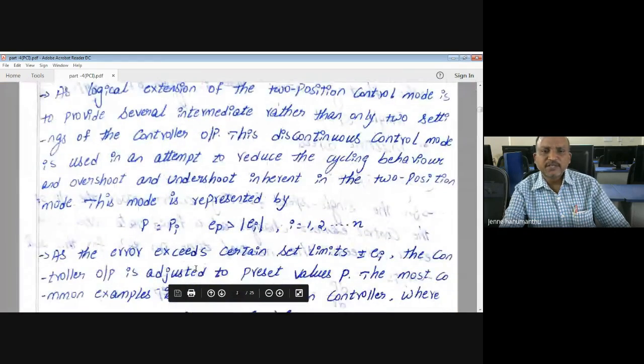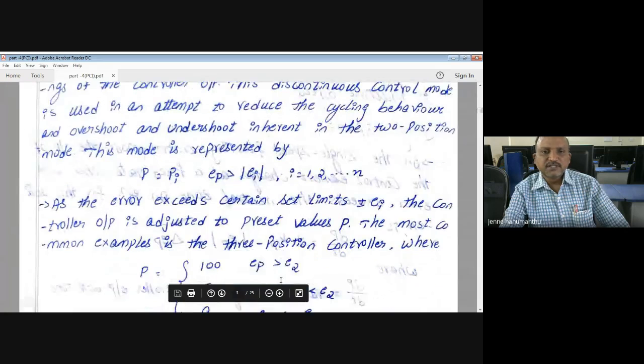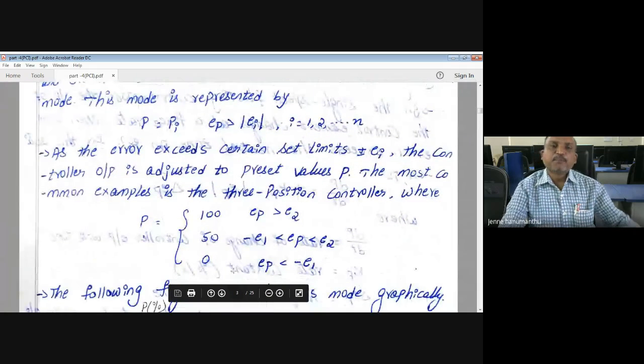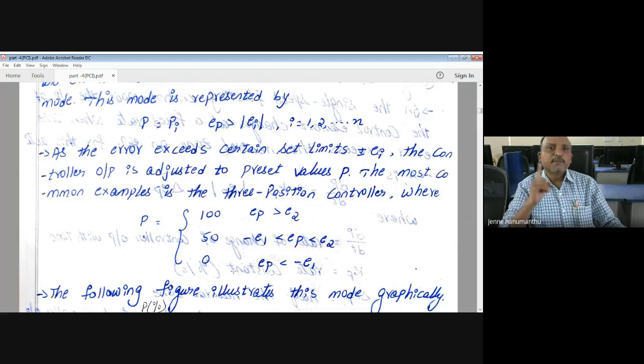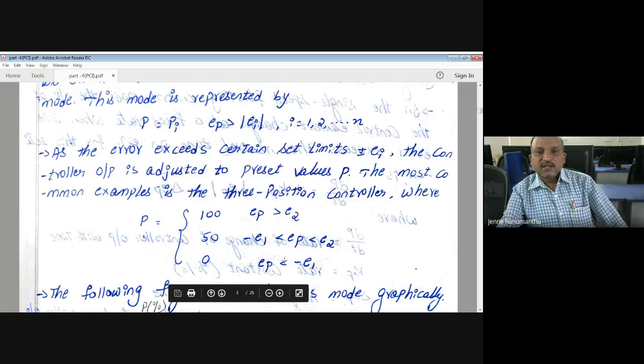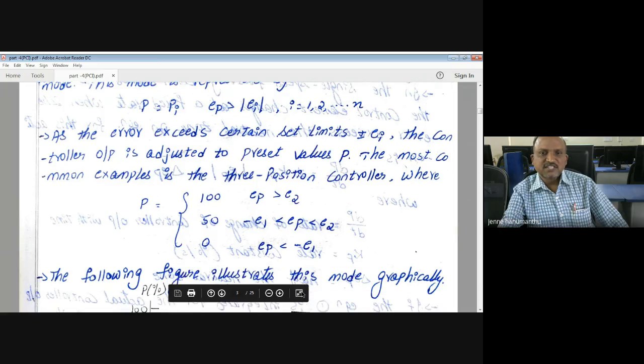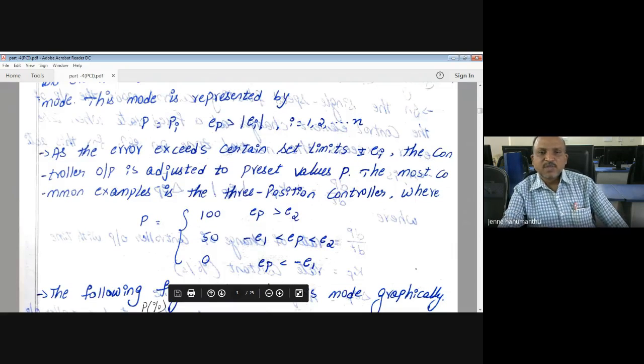Now come to the case of multi-position. In the first category, we observed two position. It may be on or it may be off based upon the error signal. But here, consider the error reference is like this. Control output is 0 when error is less than minus E1.